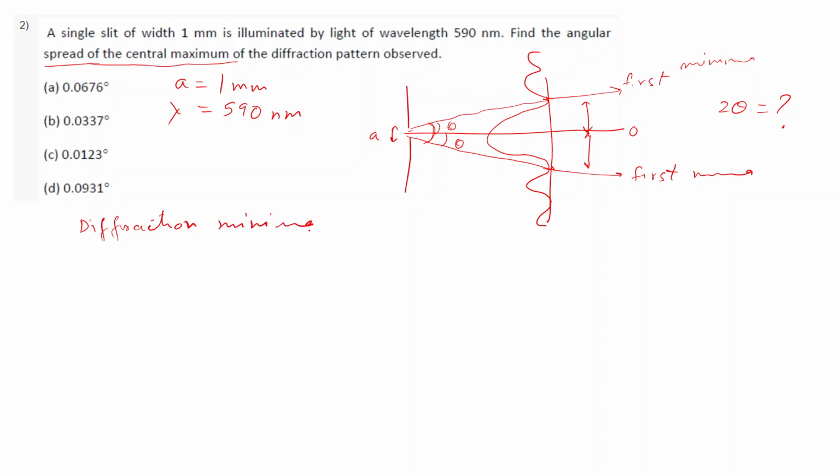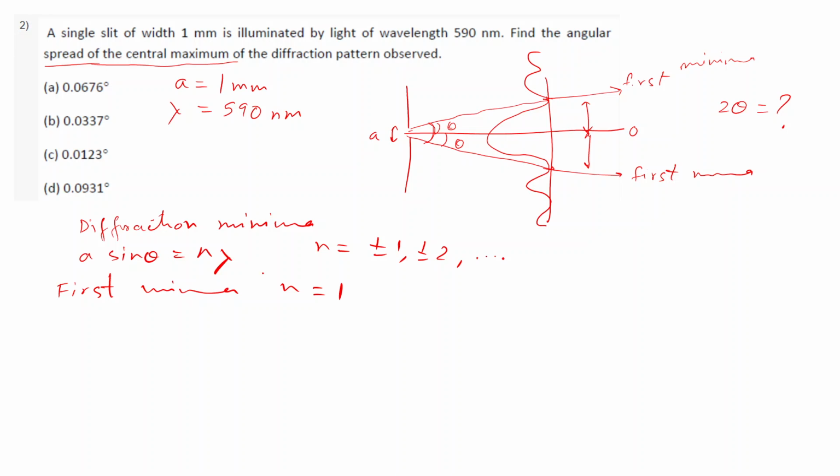from the diffraction minima condition we know a sine theta is equal to n lambda, where n is plus minus 1, plus minus 2 and so on. For first minima n will be 1, because we have to find out the angular spread of the central bright fringe, between the first minima on both sides.